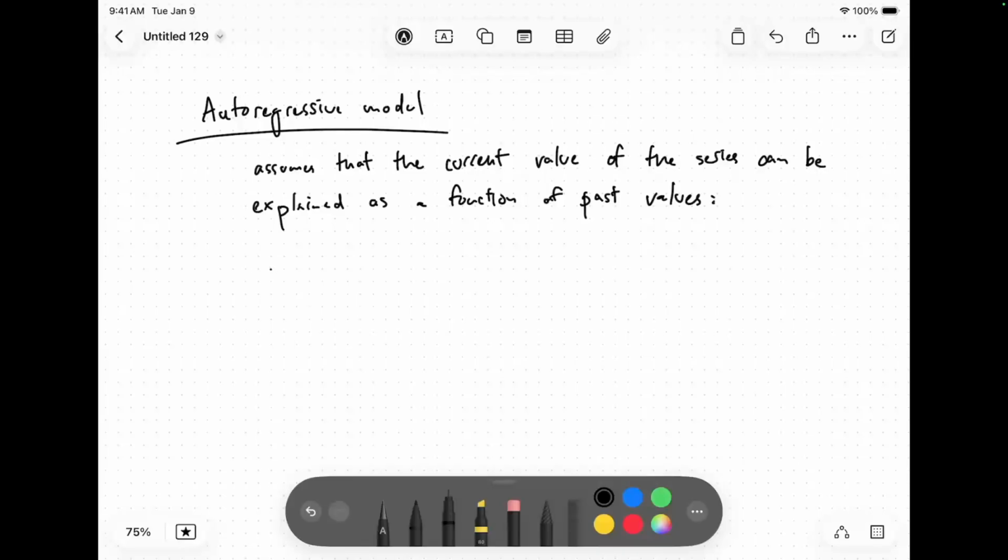Okay, so y of t equals c plus y(t minus 1), y(t minus 2), and so on.